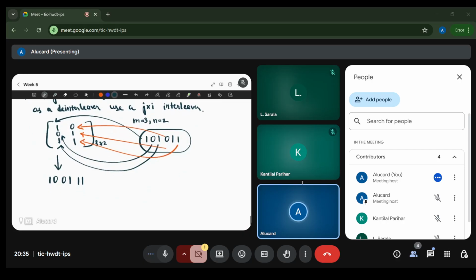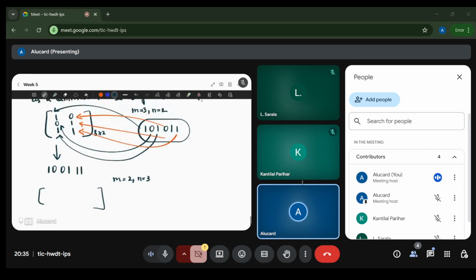So to de-interleave this, you use an m equal to 2, n equal to 3 interleaver. So in an m equal to 2, n equal to 3 interleaver, there will be 2 rows and 3 columns. So you get 1 0 0 1 1 1. Now you put them in 2 rows and 3 columns. So in the first column you will have 1 0. Then in the second column you put 0 1.